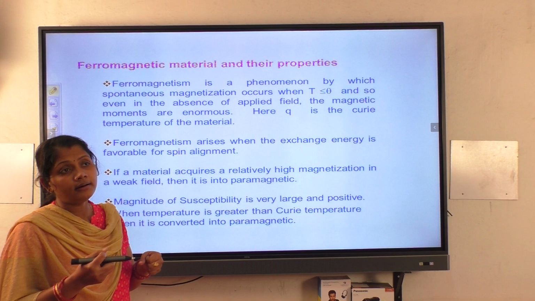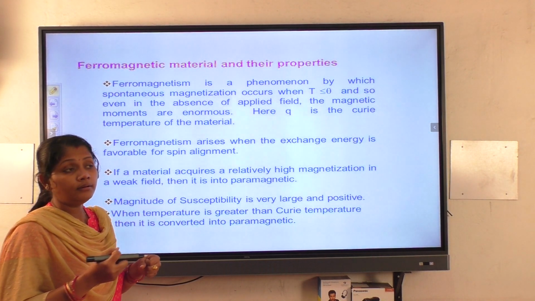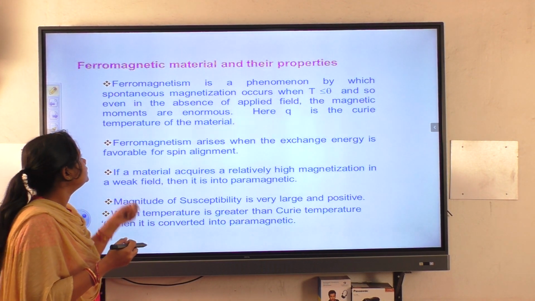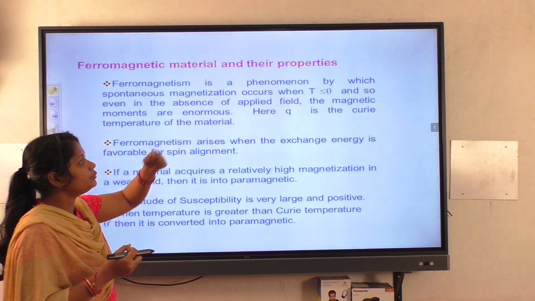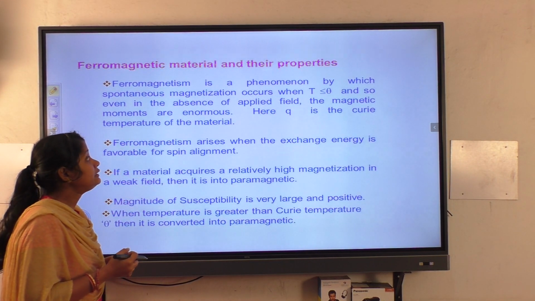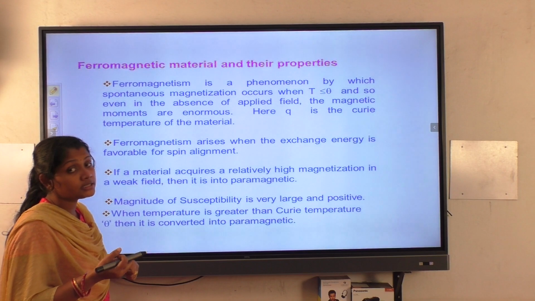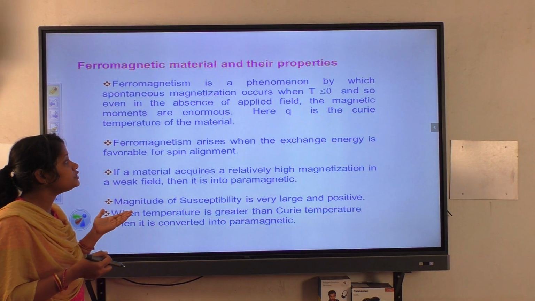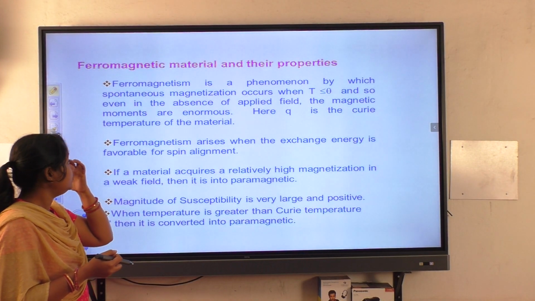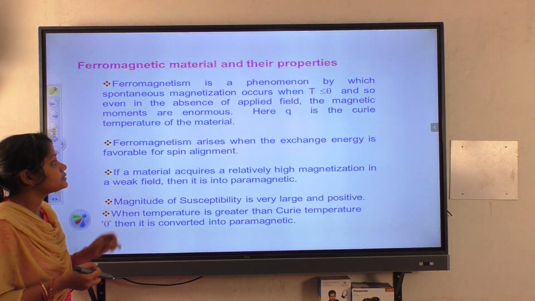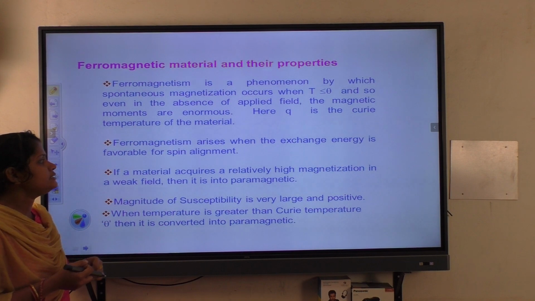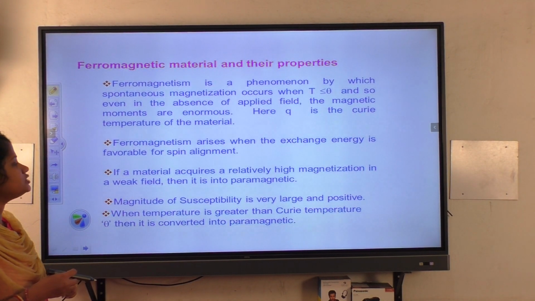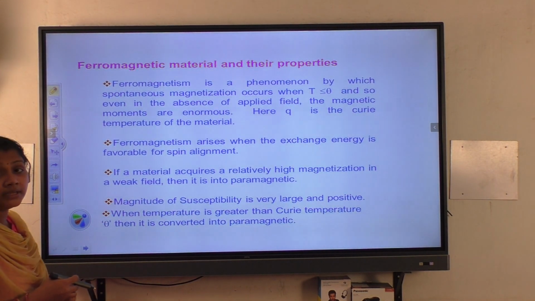You can say strongly attractive forces are exhibited. Ferromagnetism is a phenomenon by which spontaneous magnetization occurs. Even in the absence of an applied field, the magnetic moments are enormous. Ferromagnetism arises when the exchange energy is favorable for spin alignment.